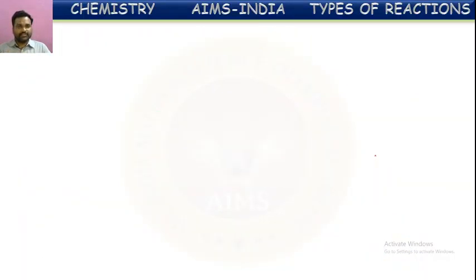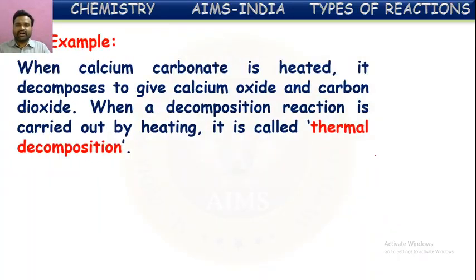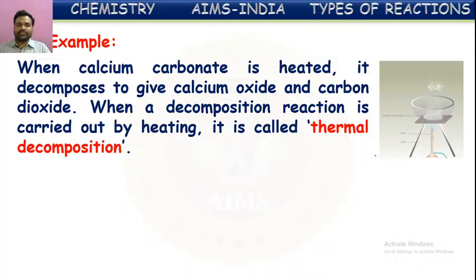Let us see examples for these three. When calcium carbonate is heated, it decomposes to give calcium oxide and carbon dioxide. So here we are heating calcium carbonate, which is also called limestone. It is taken in a bowl and heated strongly.